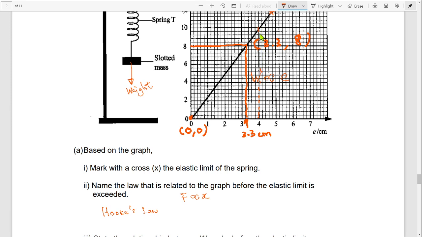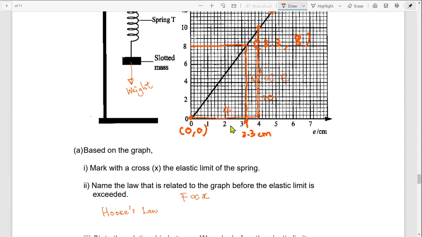What is the value of that y? So it is here. If I draw my line solid, because I want to calculate my area under the graph, here is 10 and then here I have 4.